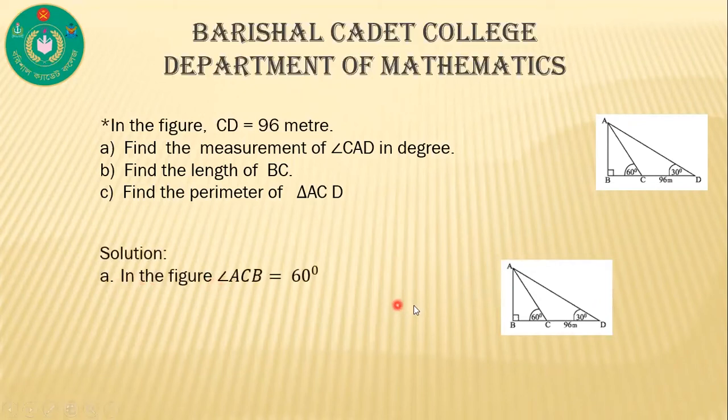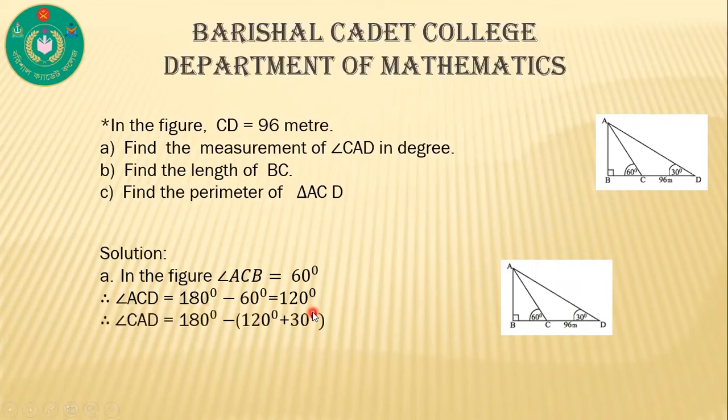In the figure, angle ACB is equal to 60 degree. Therefore, angle ACD is equal to 180 minus 60, because we know angle ACD is equal to 120 degree.